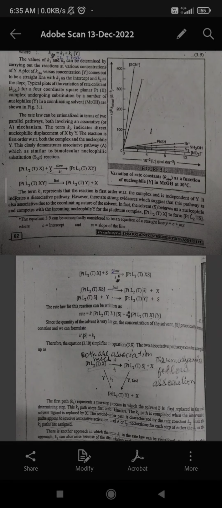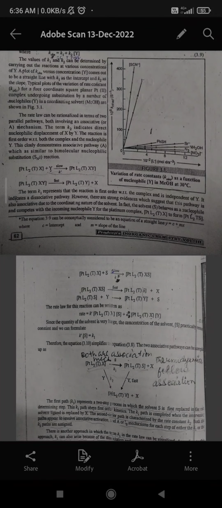However, there are strong evidences which suggest that this pathway is also associative due to the coordinating nature of the solvent. In fact, the solvent behaves as a nucleophile and competes with the incoming nucleophile.